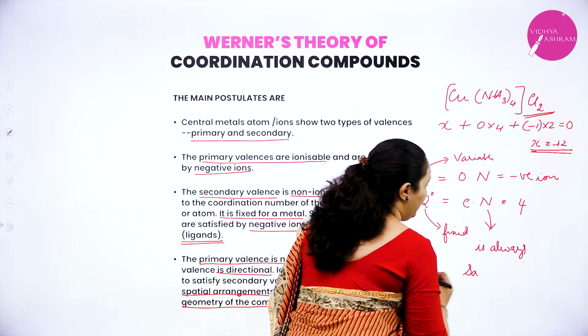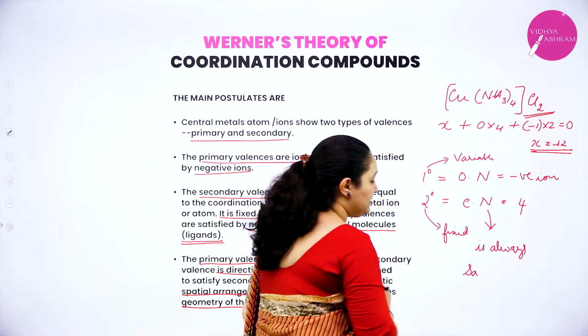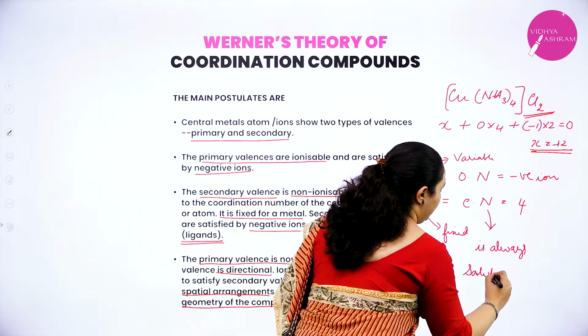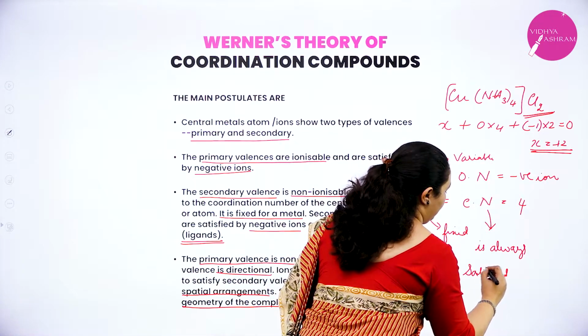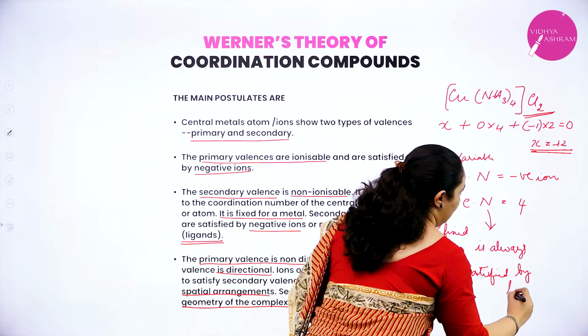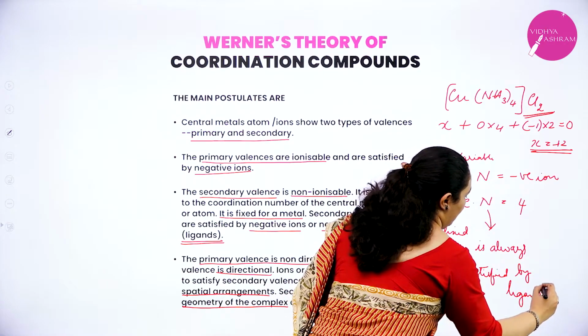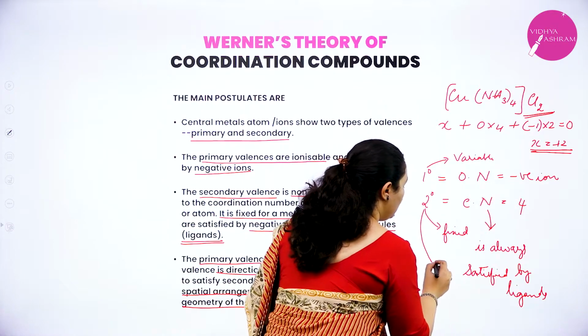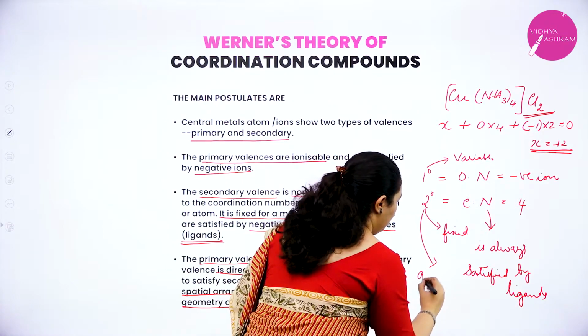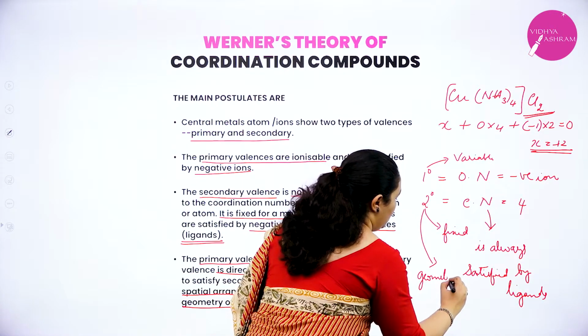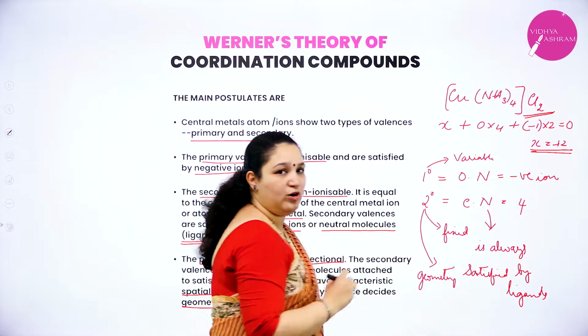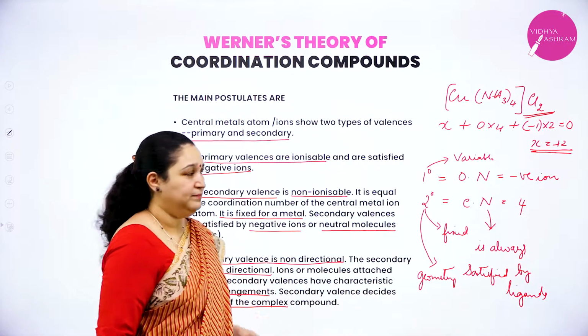The secondary valency is always satisfied by ligands. And secondary valency also tells us about the geometry of the complex.